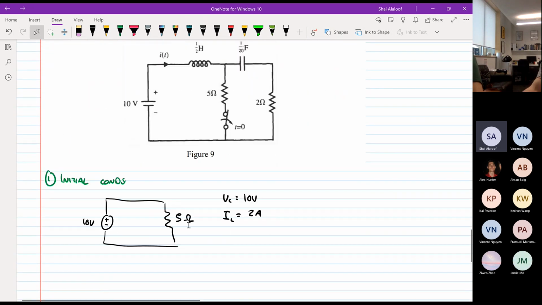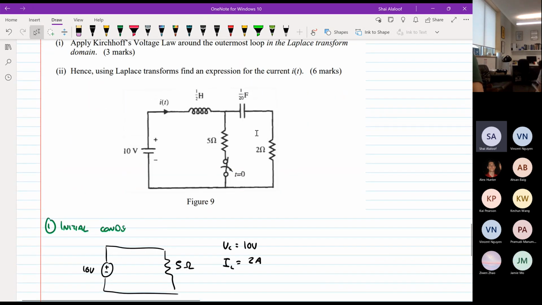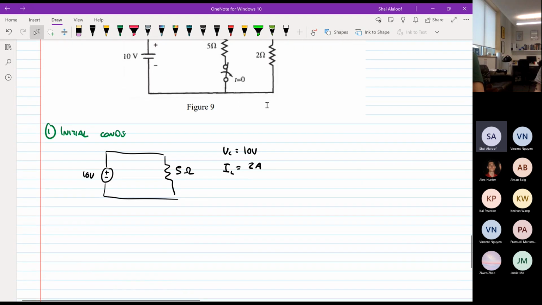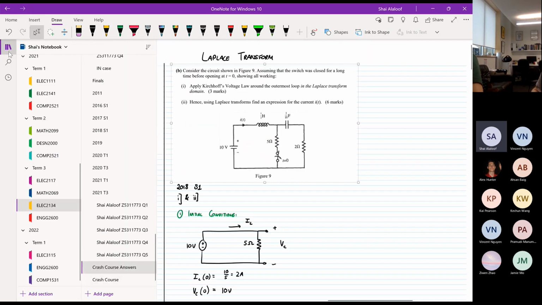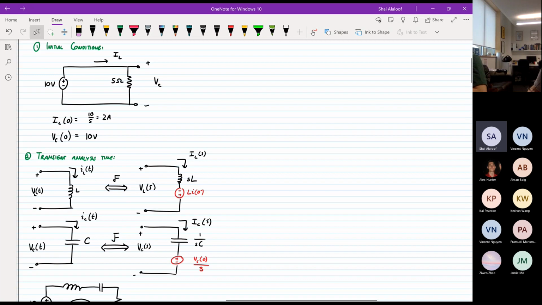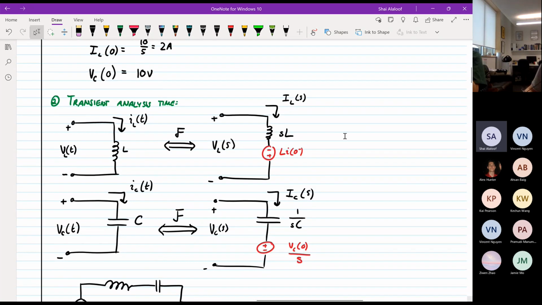Okay, once we find the initial conditions, we're ready to consider t greater than 0, right? So for this, I'm going to go back to my solutions and show you guys what happens, because I've written over here what happens when you transform things from the time domain to the Laplace domain. So when you've got an inductor with a current running through it and a voltage across the inductor, with this polarity, when you transform that into the Laplace domain, you end up with sL, which is essentially just like j omega L, except that j omega is replaced with an s.